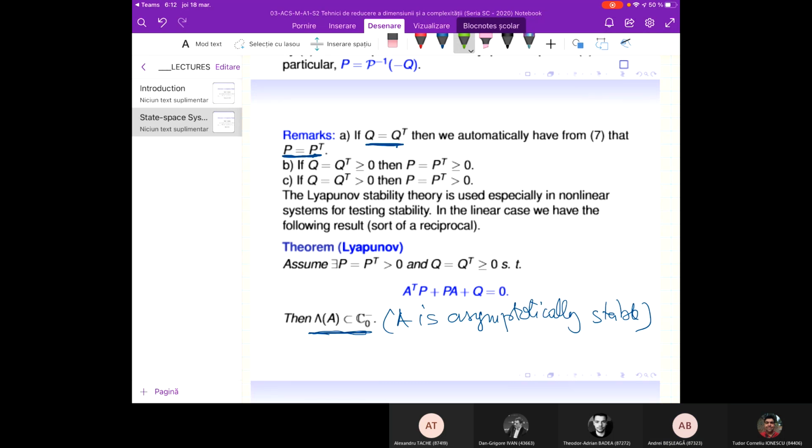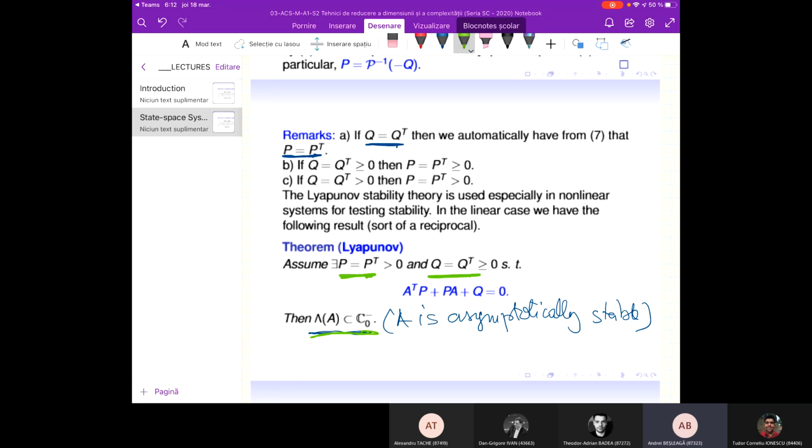Look at the result: if this and this is true, then this happens. I'm not giving you the proof right now. I can send you the slides for the proof of this. Okay. Thank you.